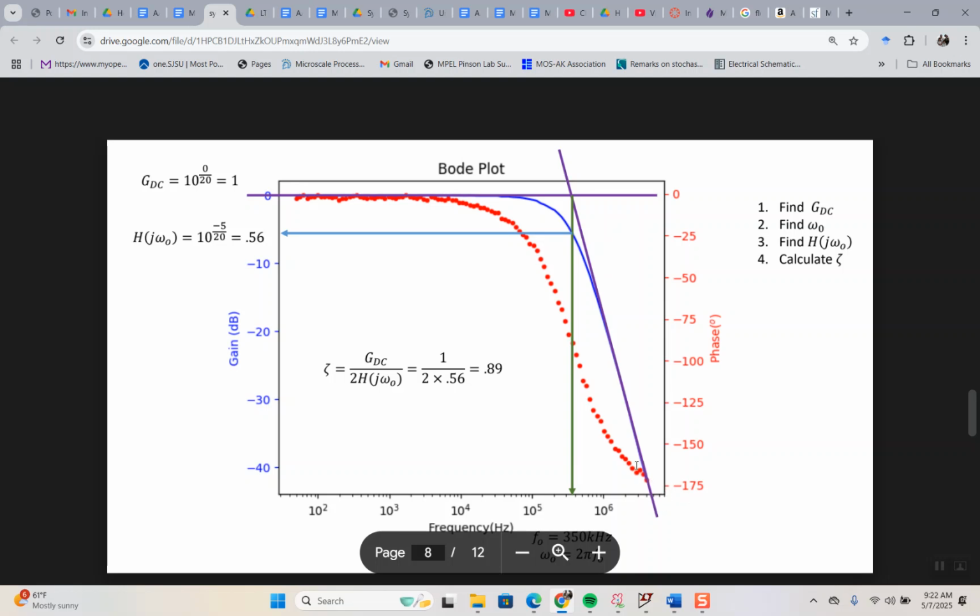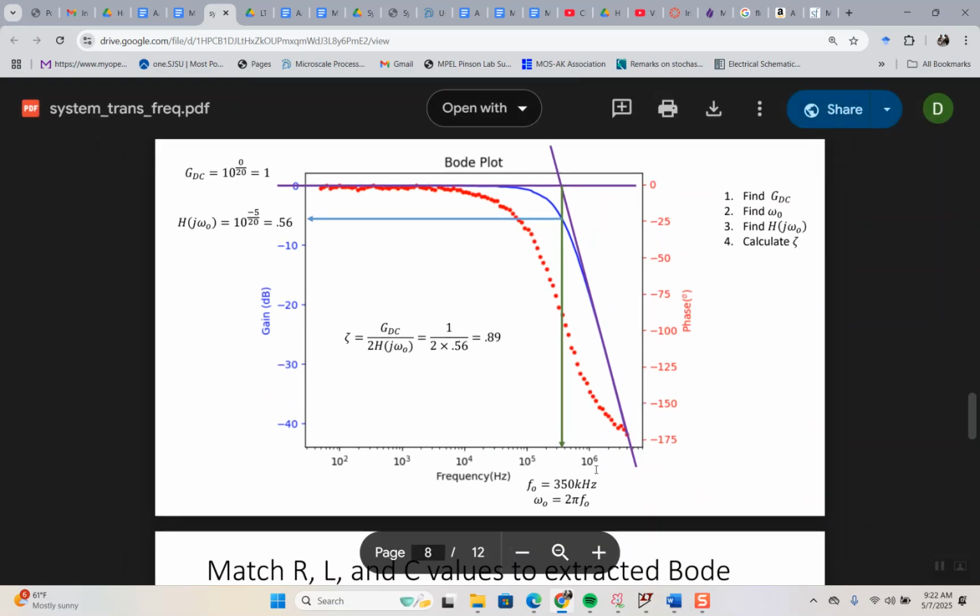And even still, with non-ideal Rs, Ls, and Cs, that phase might come back up. All right. So what do I do? I find omega naught by drawing this asymptote and this asymptote, pulling it down.